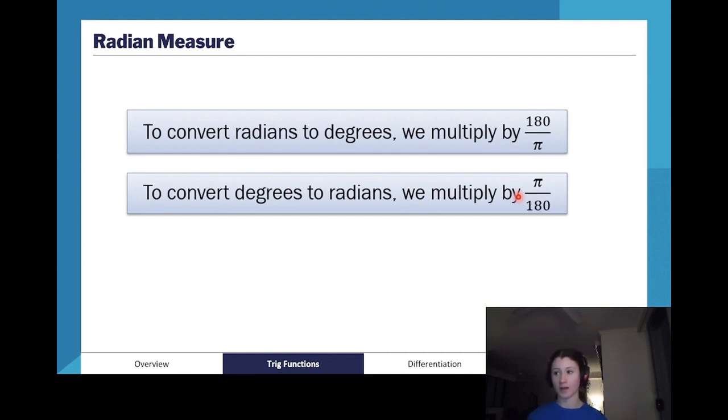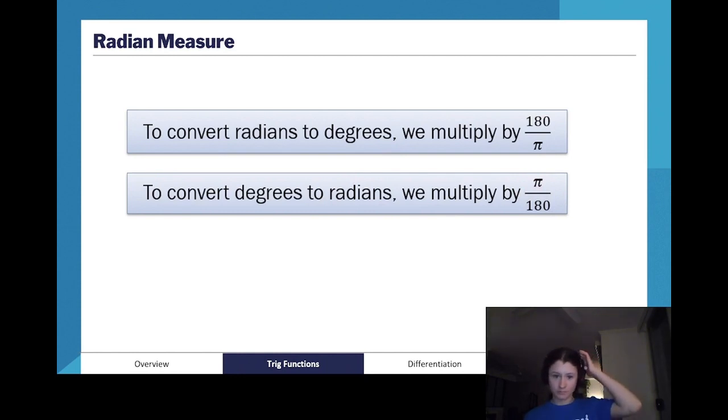The way that my teacher taught me when I was in year 11, which may or may not work for you, is that when you want to convert to a certain value, you need to look at the numerator. So when we want to convert to degrees, we have the degrees measure on top, which is 180. If we want to convert to radians, we have pi on top, and pi is the radian measure.